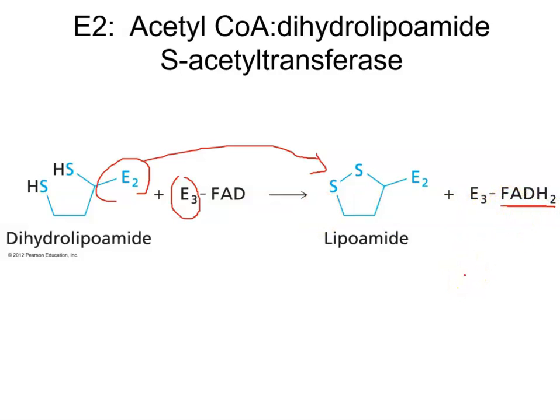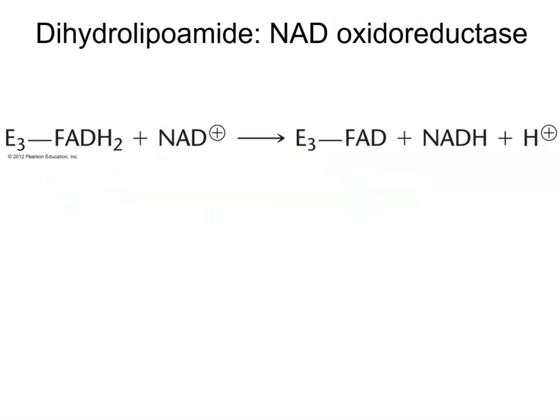So this is a reduction-oxidation reaction. And the E3 subunit of this enzyme complex that's bound to the reduced FADH2 coenzyme then can go through a redox reaction with NAD plus and form one NADH. So for every conversion of this whole process, we get one NADH out that's formed.